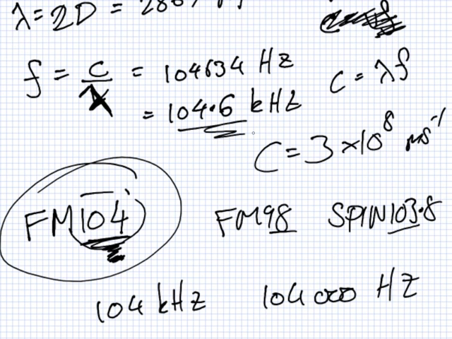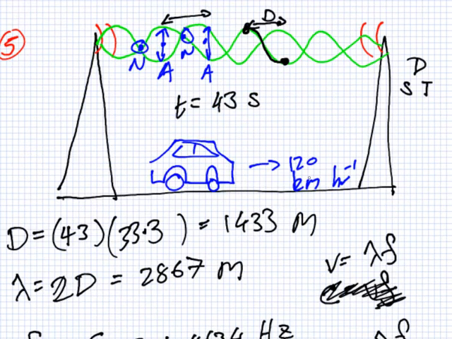So if you were traveling at the speed limit between two radio towers, the signal should get stronger and weaker every 43 seconds. But that's only if you're traveling between two radio stations, and they must be broadcasting at the same frequency.